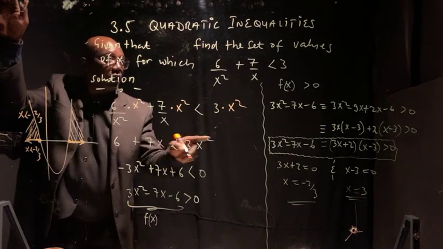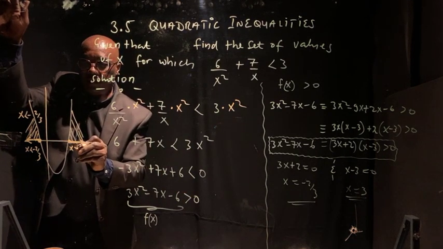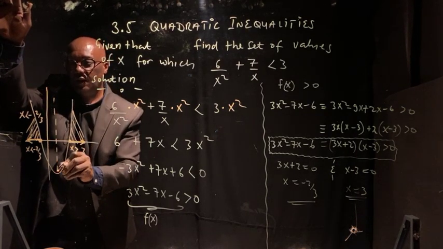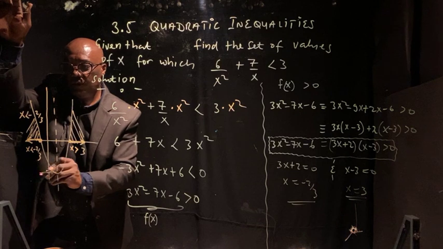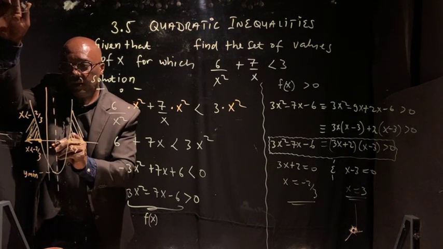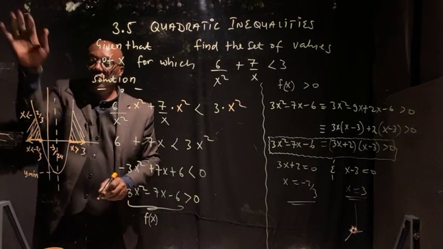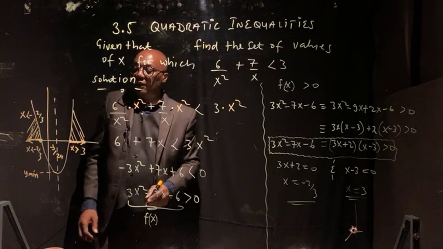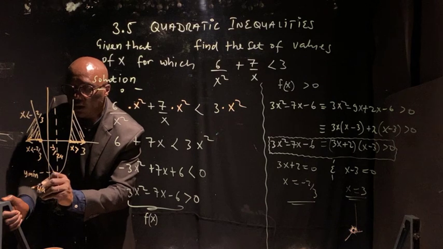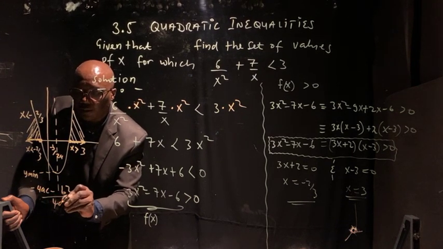And this is where x is greater than 3. This is the axis of symmetry. This is the y minimum. Negative b over 2a. Good. So the y minimum, we know it to be 4ac minus b squared over 4a.